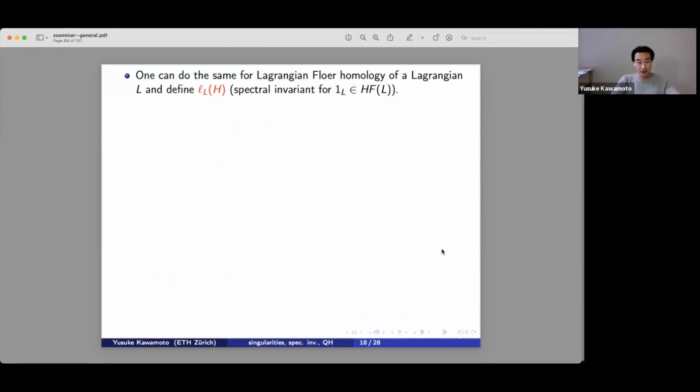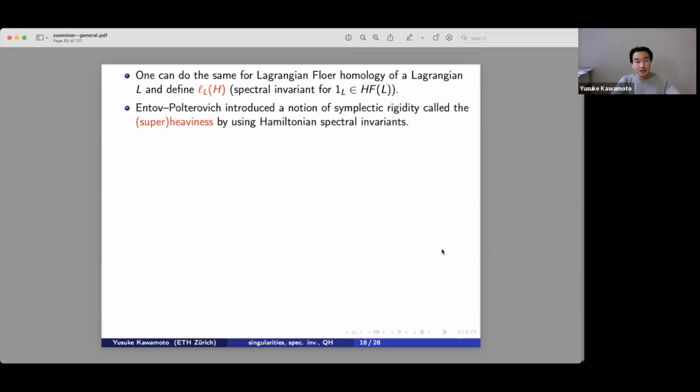And you can do the same thing for Lagrangian Floer theory, and I'm going to denote it by curly L. I'm not going to specify the class of quantum cohomology that we're taking, but if I write such a thing, it's only for the fundamental class.